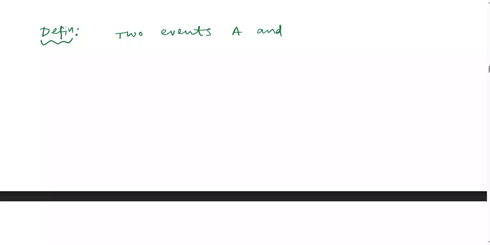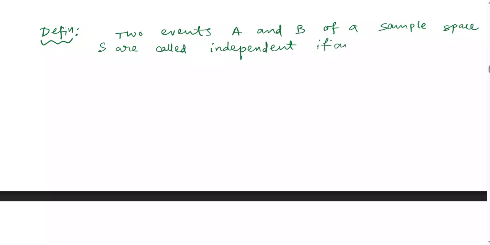One more definition: two events A and B of a sample space S are called independent if and only if, you can write this in short as iff, the probability of A intersection B is probability of A times probability of B. That is it.